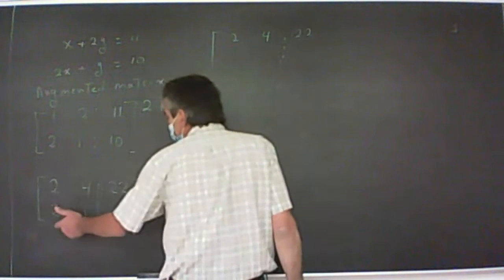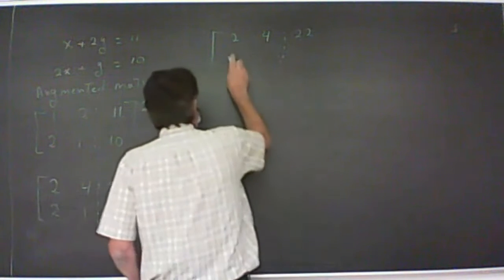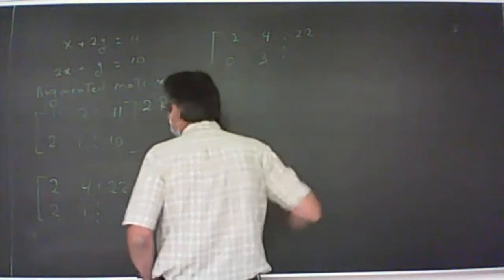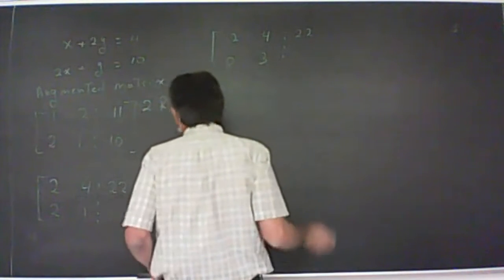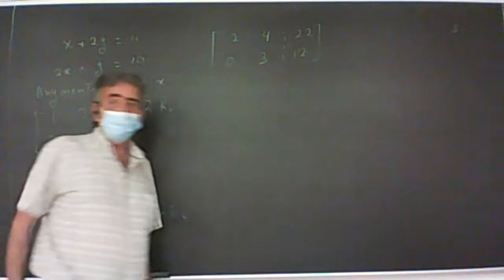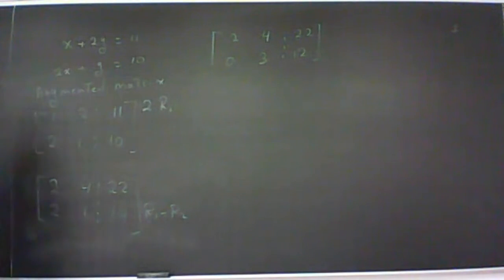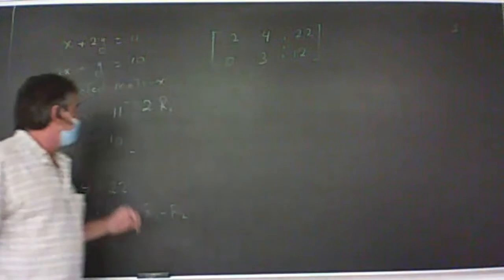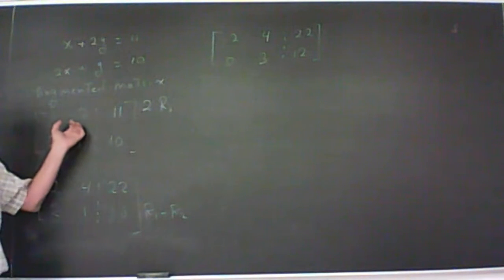And if I subtract, I end up with a 0, 4 minus 1 is a 3, and 22 take away 10 is 12. Again, this matrix is equivalent to the original matrix we have.